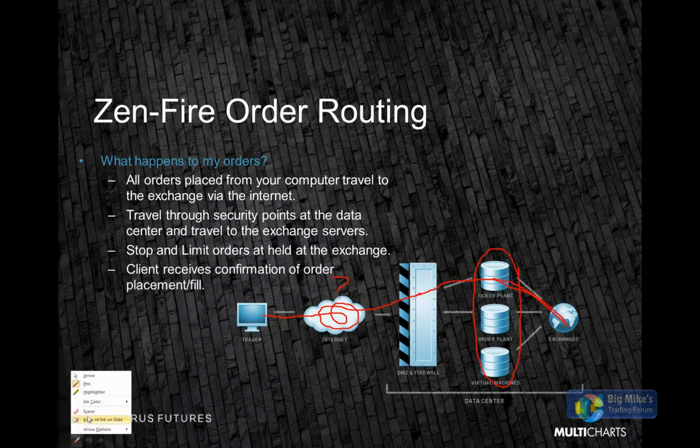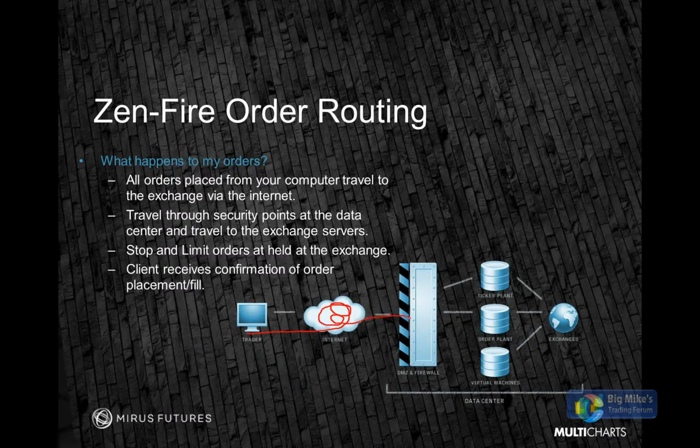When you place an order from your computer, it travels through the internet again, and then finally reaches the data center. It goes through the security checkpoints and through the order plant here, and then finally along to the exchanges.